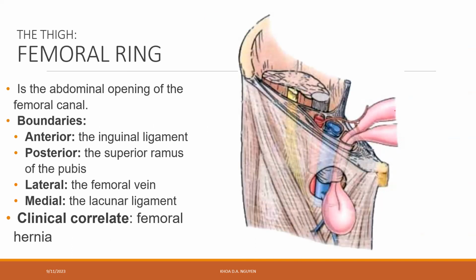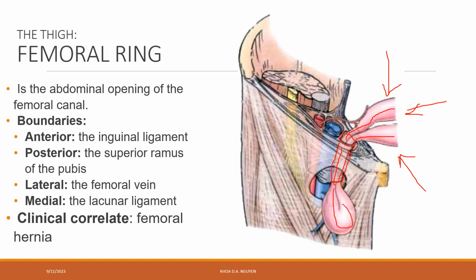For example, when you have all of these intestines here in the abdominal cavity, and there is a pressure applied onto the intestines, it will push the intestines, and sometimes the push is strong enough that the intestines get down through the femoral ring into the medial compartment of the femoral sheath and stay down here.